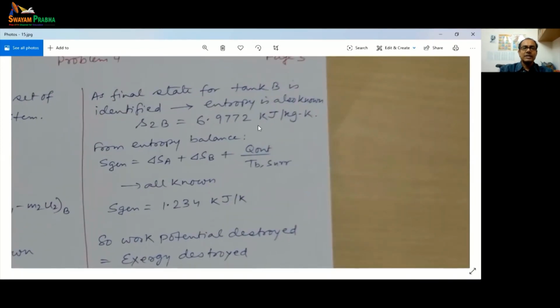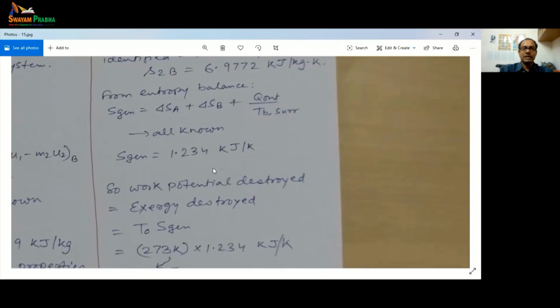Now the final state we also completely know, so we know the entropy. So now we can do the entropy balance and see that the entropy generated will be delta SA plus delta SB plus Q out divided by T surrounding. This is the system entropy change, and this is what is going out in the form of heat.